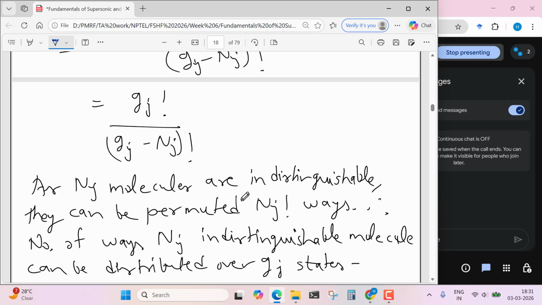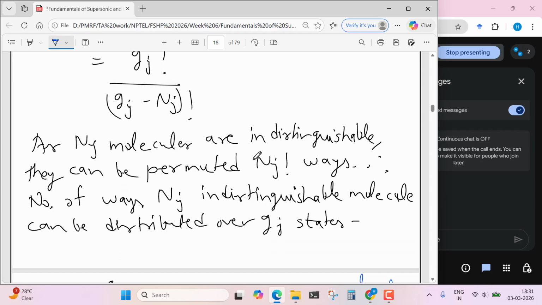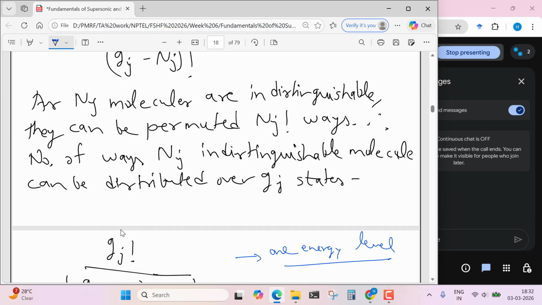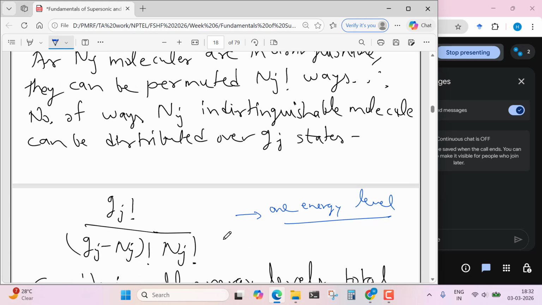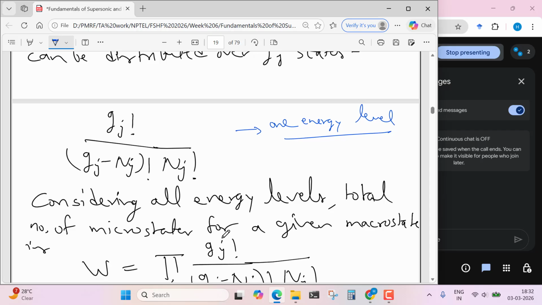And this is for, we have not considered that all the Nj molecules are indistinguishable. So they can be permuted in Nj factorial ways. So the number of ways Nj indistinguishable molecules can be distributed over Gj states is given by Gj factorial upon Gj minus Nj factorial upon Nj factorial.